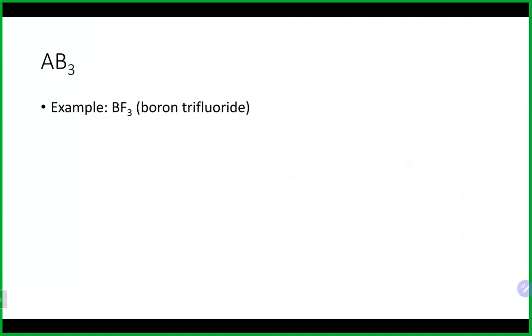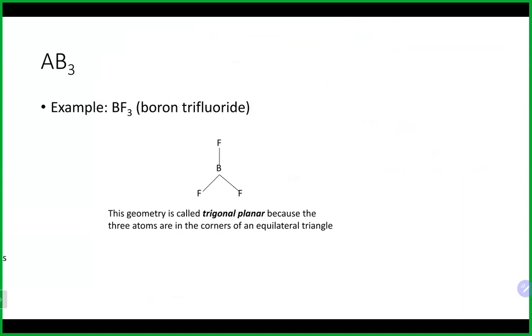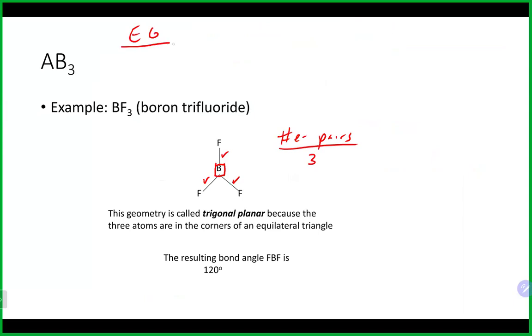The next example is also an incomplete octet. Once again, we're going to look at the central atom, and we want the number of electron pairs. The number of electron pairs here is 1, 2, and 3. Something with three electron pairs is going to have an electron geometry name of trigonal planar.